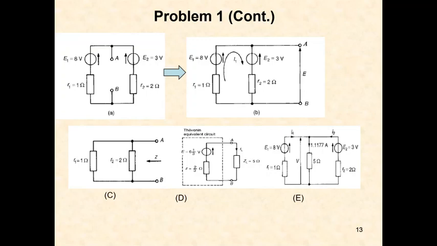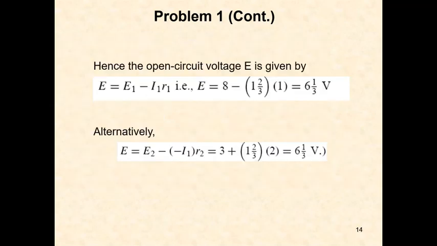And ZL is across that. Hence the open circuit voltage E is given by E is equal to E1 minus I1 R1, that is 8 minus 1 2 by 3 into 1, so that is 6 1 by 3.